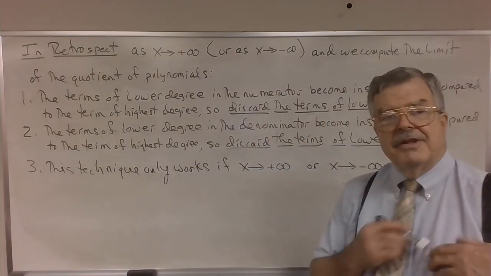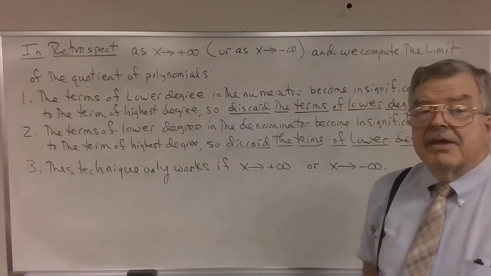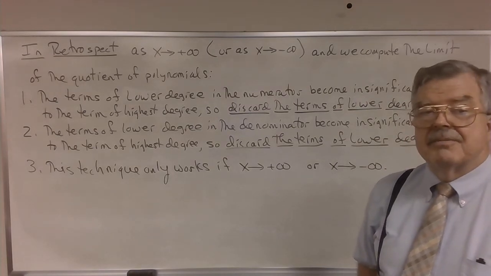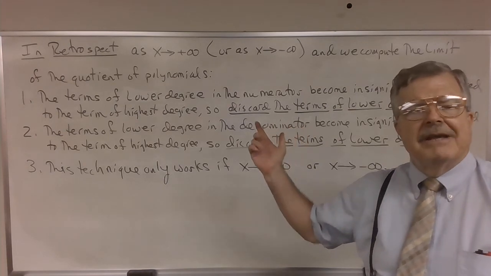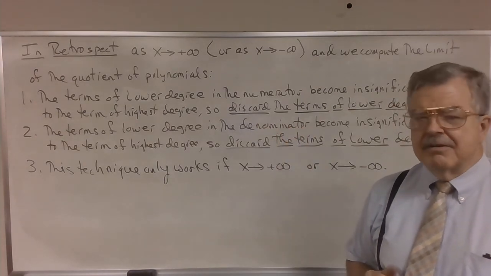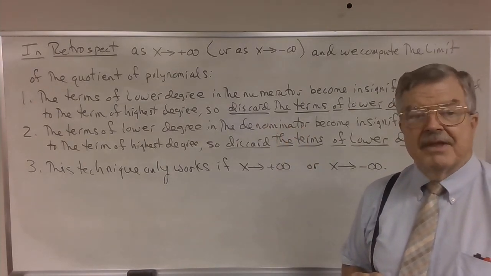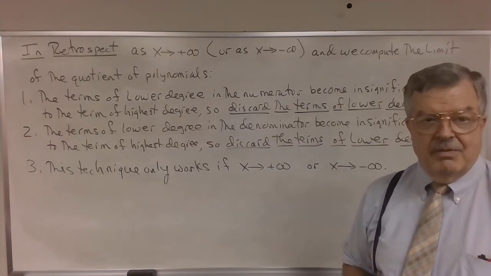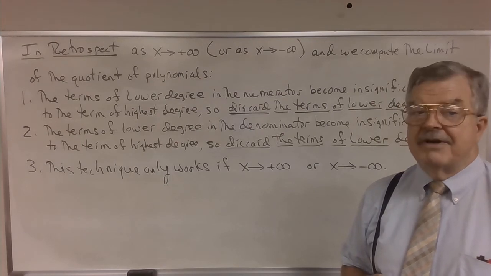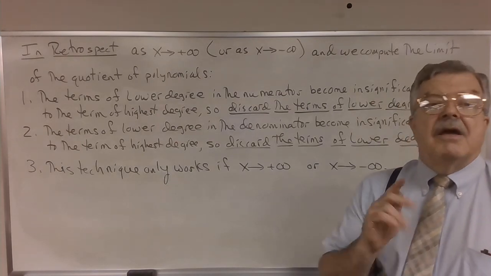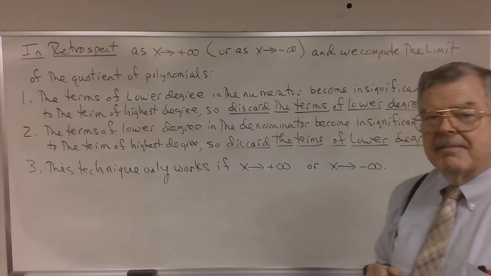What did we do in the last exercise? We looked at all of the terms in the numerator and said, these terms of lower degree, they're insignificant compared to the term of higher degree, so we threw them all away. The only term we kept in the numerator was the term of highest degree. And then we did the same thing in the denominator.